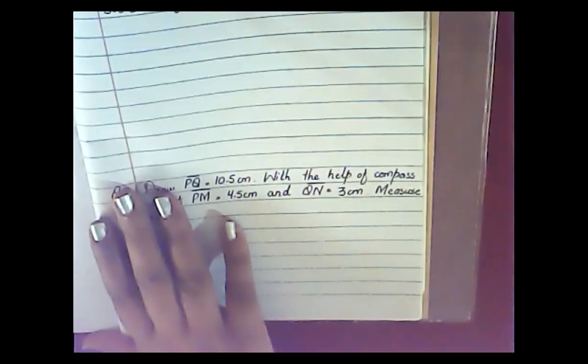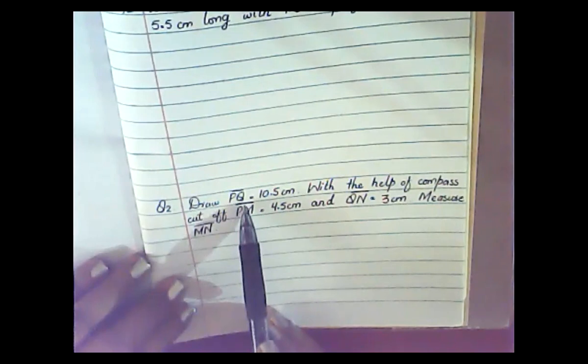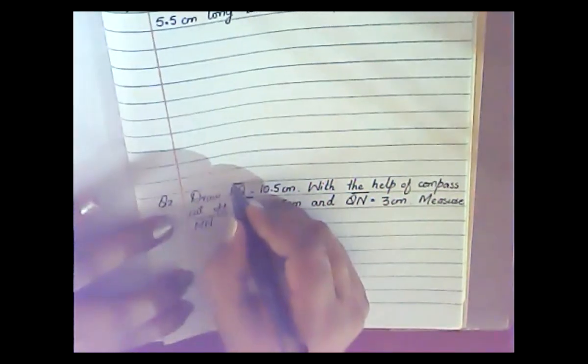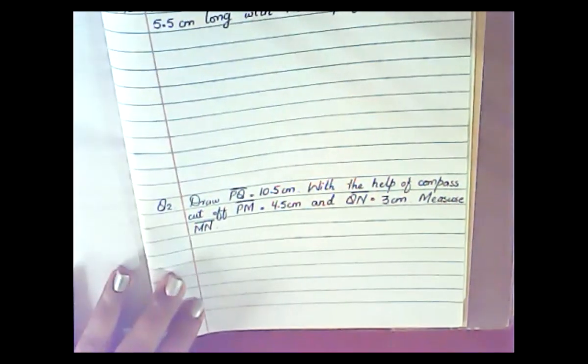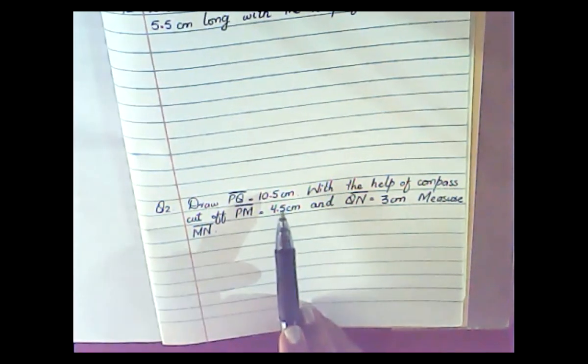What do you have as your next question here? Now look here. Another question you have here is: draw PQ. As you can see, a small line segment over PQ means you have to draw a line segment PQ equal to 10.5 centimeter.